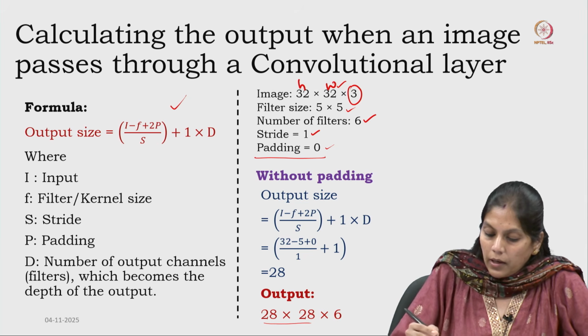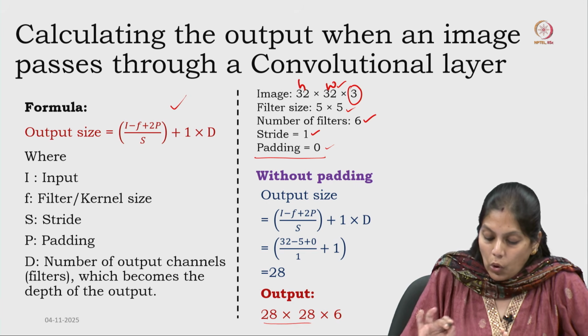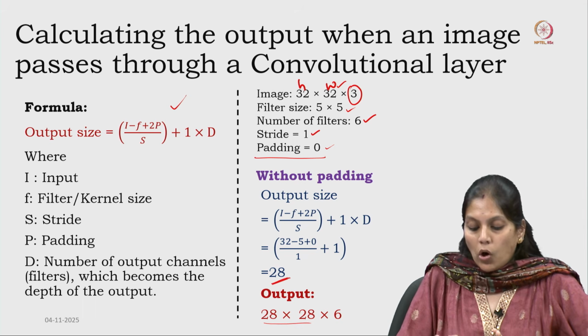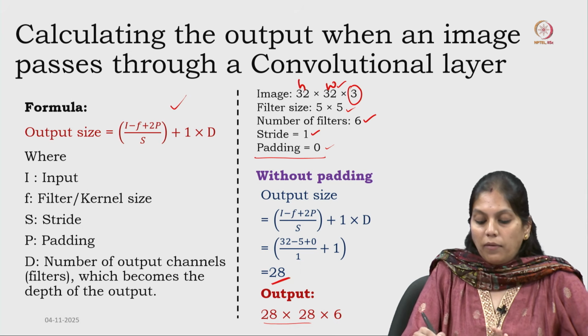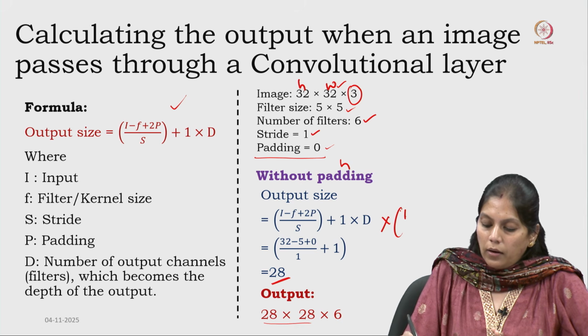The input value I is 32, the filter F is 5, since no padding is applied P is 0, and the stride is 1. Plus 1. So we got the value 28. What we have shown here is only for the height. Similarly, the same formula is repeated to calculate the width.